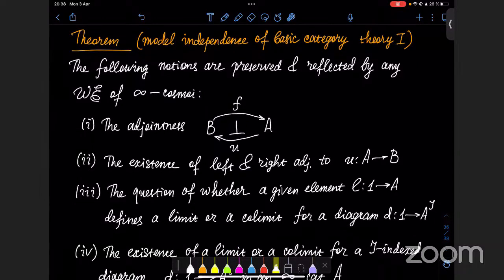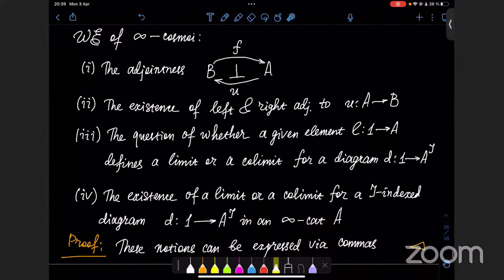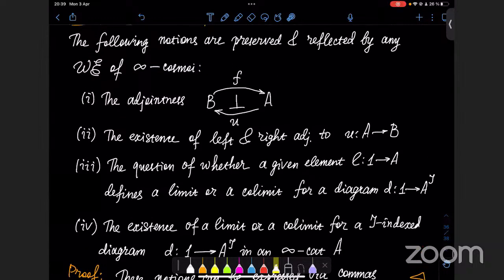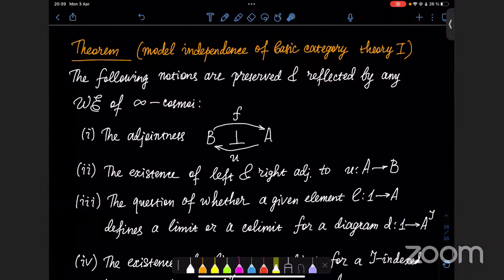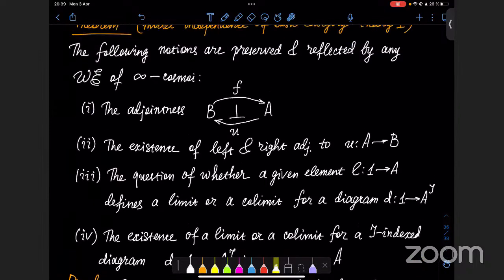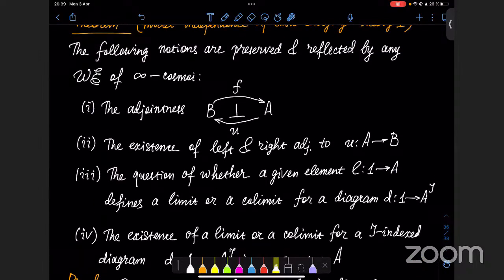The fact of being adjoint, that is, the existence of a left or right adjoint to some functor, the question of whether a given element defines a limit or colimit for a diagram, and the existence of a limit or colimit for a G-indexed diagram: these are model independent notions, model independent conditions.